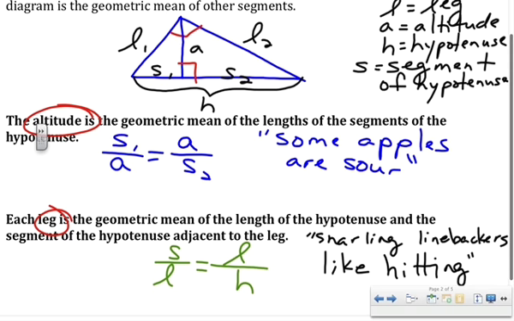You already have the left fraction filled in as long as you know it's altitude or leg. And then you have the top part of the right one. Well, theoretically, you'd be solving for one variable.